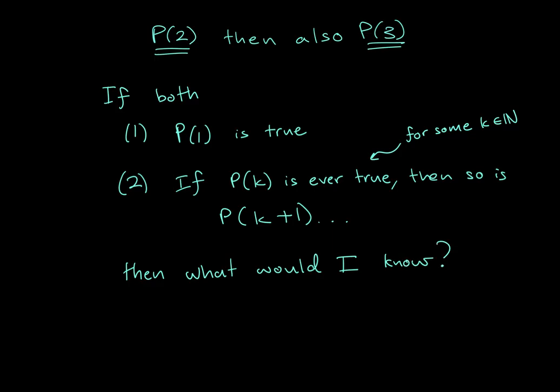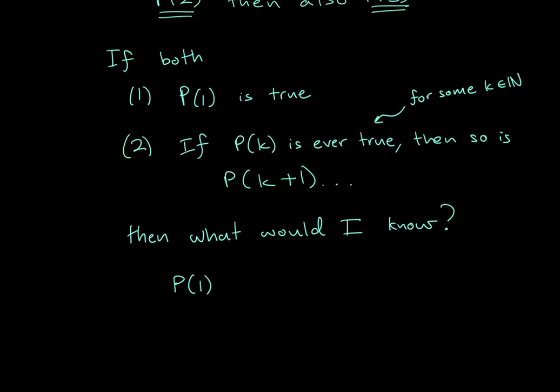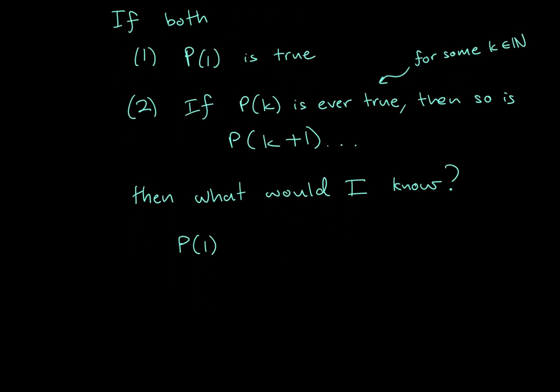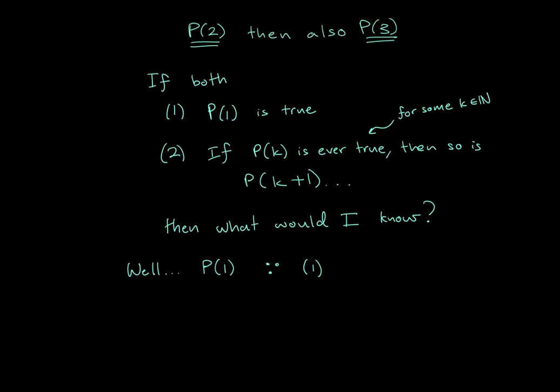Well, let's see. I know that p of 1 is true. Here's my answer. And I'll say this, because I know p of 1 is true because of this first statement. So what I'm saying right now is let's assume that I knew both of these.